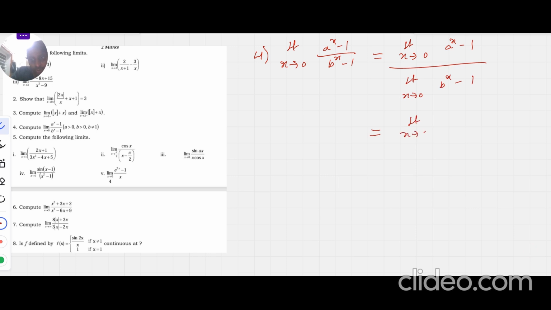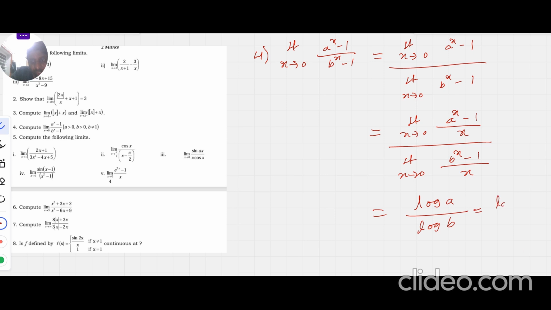So limit x tending to 0, (a power x minus 1) by x, I am taking in the denominator. Limit x tending to 0, (b power x minus 1) by x also we can take. So for the numerator we have the formula log a, for the denominator we have the formula log b. So combined we can write log a to the base b. That will be the answer.